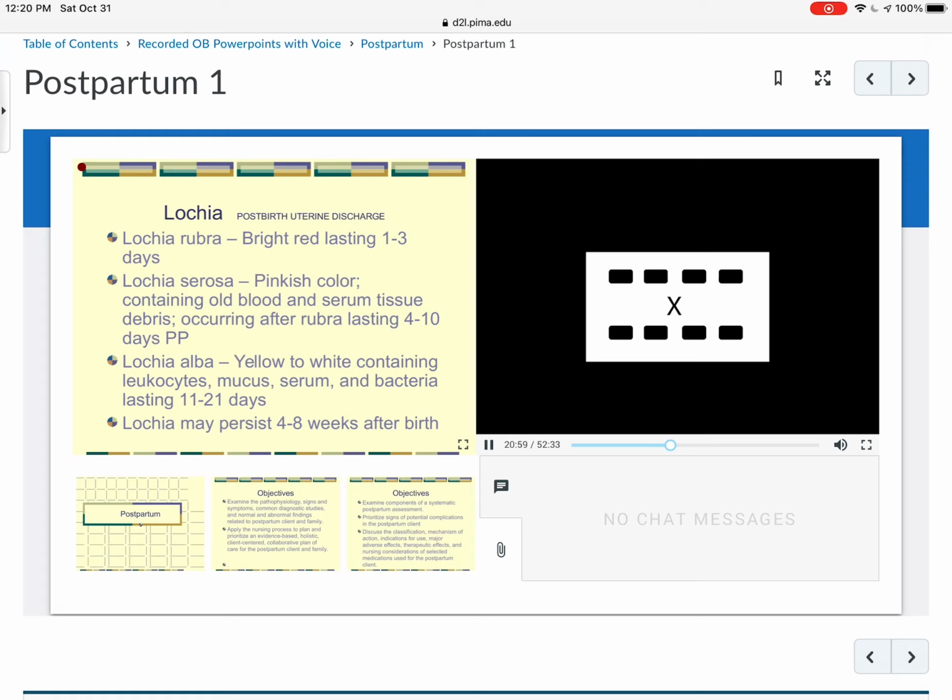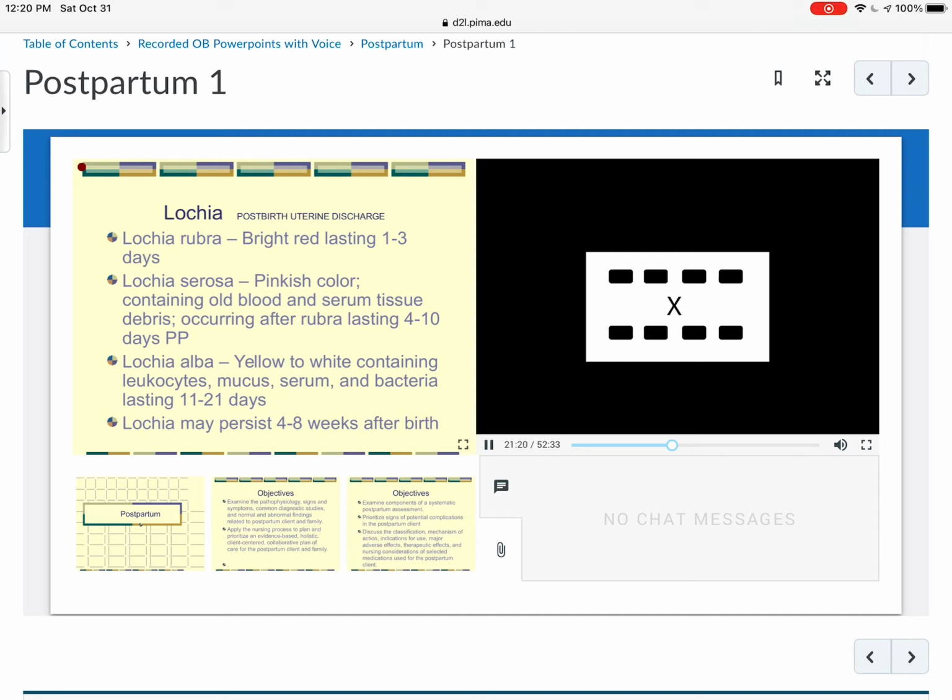And then from there, it goes to lochia alba, which is just kind of a yellow to white, and it kind of has the mucus and serum and bacteria, and that can last up to 3 weeks. Some lochia may persist 4 to 8 weeks after birth, but the important thing is it's not going to be too much, and we're going to talk about what's normal and what's not.